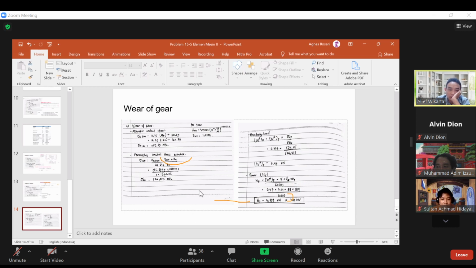If it is based on AGMA bending, which has power of 5, and what we need is around 4.5, I think it's still fine. Maybe it could fail later, but from AGMA surface it is only 3.9.